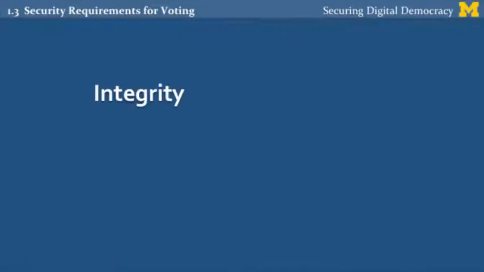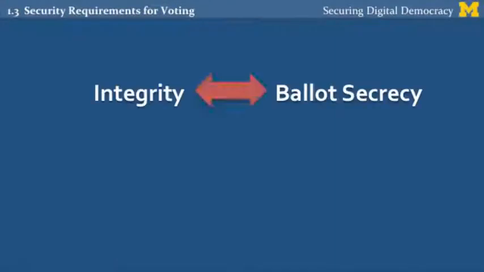One tension is between integrity and ballot secrecy. To see why these are in tension, I can give you a hypothetical example for a voting system that provides very, very high integrity. We're going to allow everyone to cast their vote, and we're going to write down their name next to who they voted for, and we're going to publish the whole list in the newspaper.